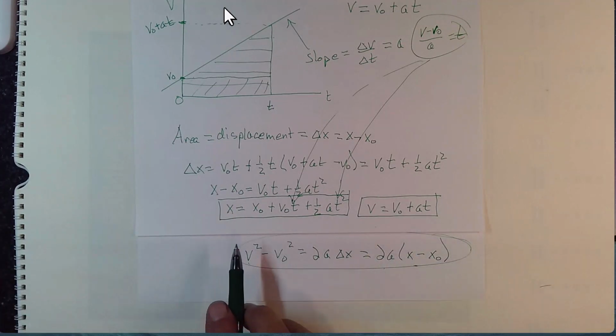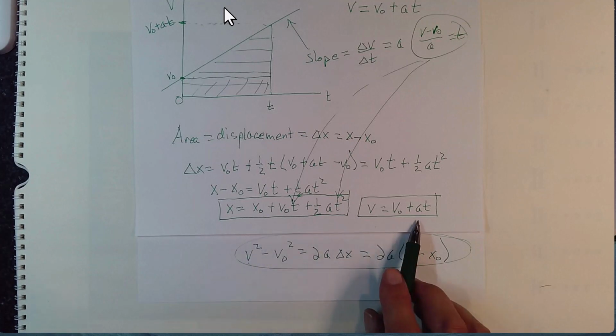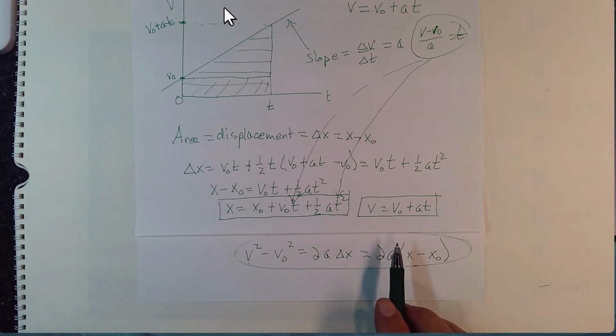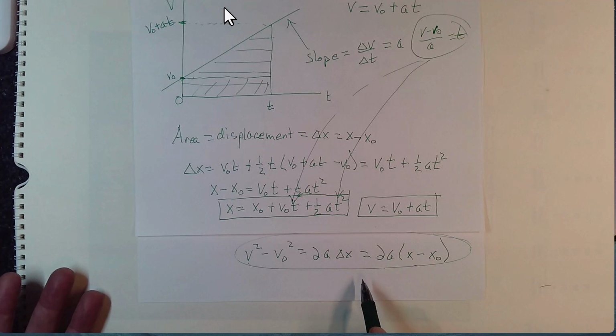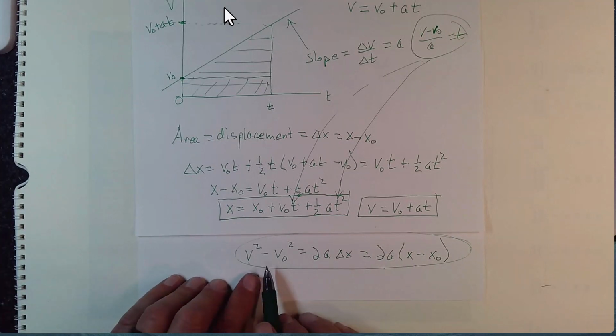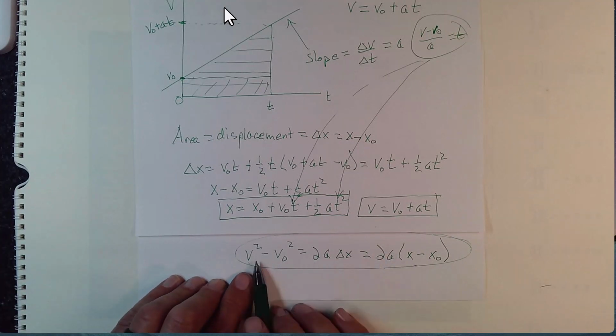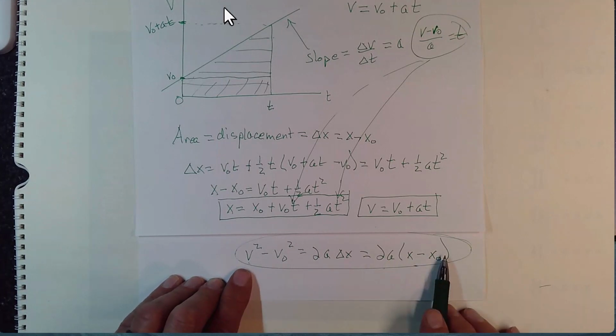Also, these equations work in the situations where you have constant velocity, because if the velocity is constant, there is no acceleration, and so actually this bottom equation becomes useless in that case.